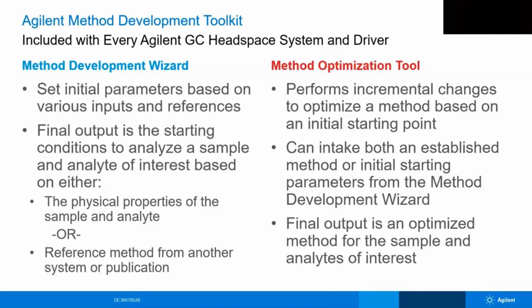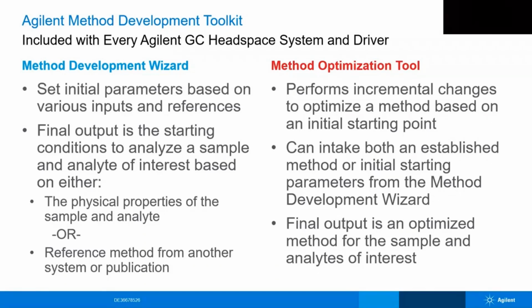The second tool that we have in our pocket is called a method optimization tool. This tool works with the sequencing within the instrument to increment certain parameters, one zone at a time, to evaluate the exact same sample. You prep multiple vials of the same sample, and you basically run an optimization.